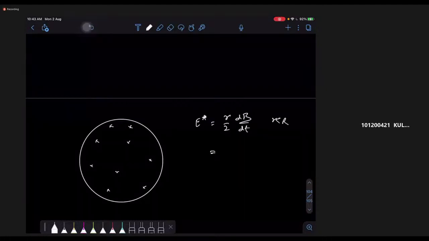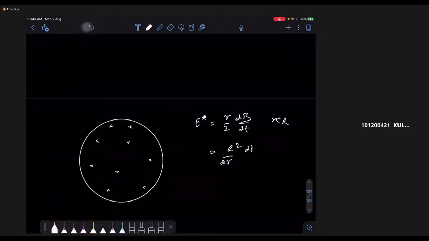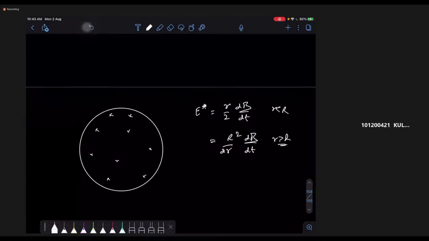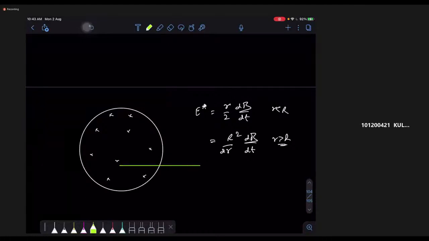And I'm going to have R squared by 2R dB by dt if you are outside the solenoid. So inside the solenoid we have a different expression, and outside the solenoid you're going to have a different expression, right? So in this situation, the first part is asking from A to B.